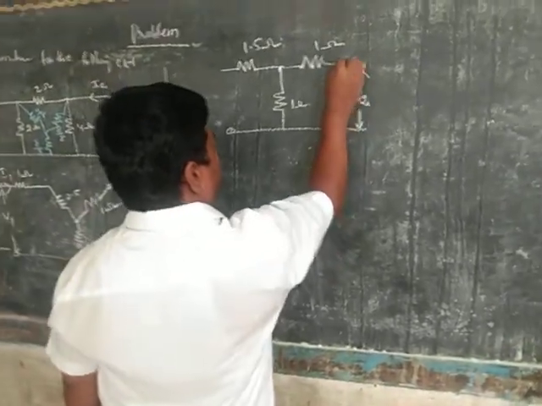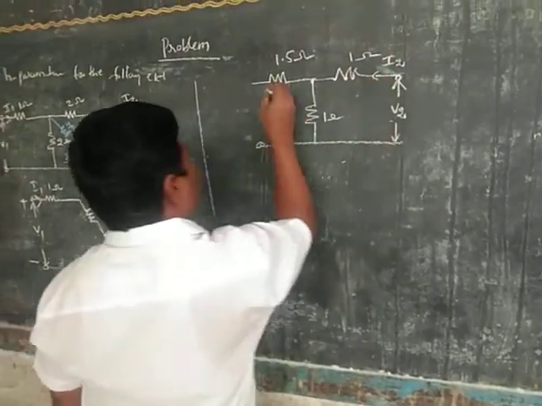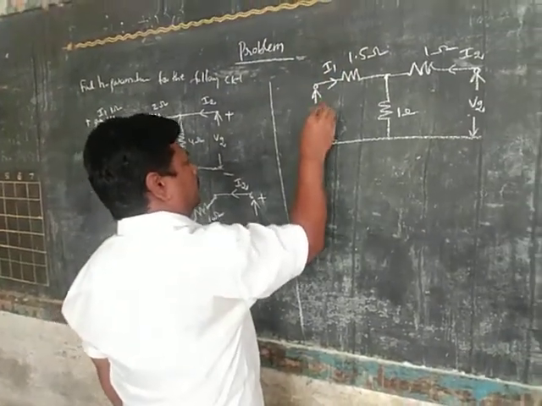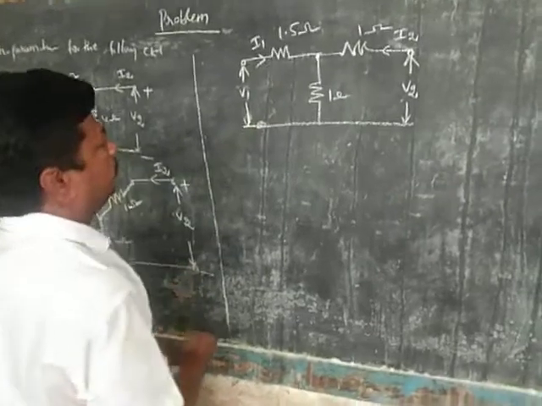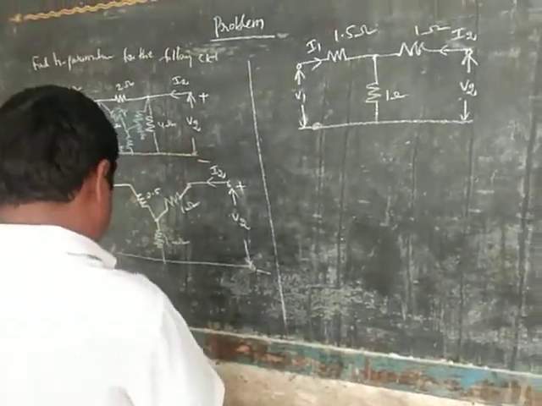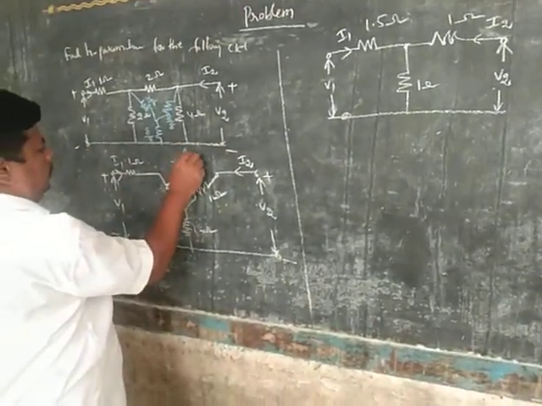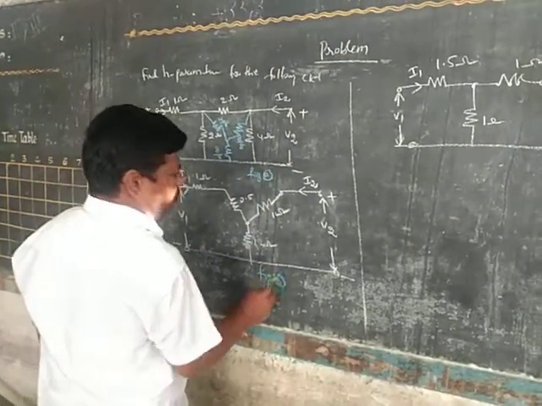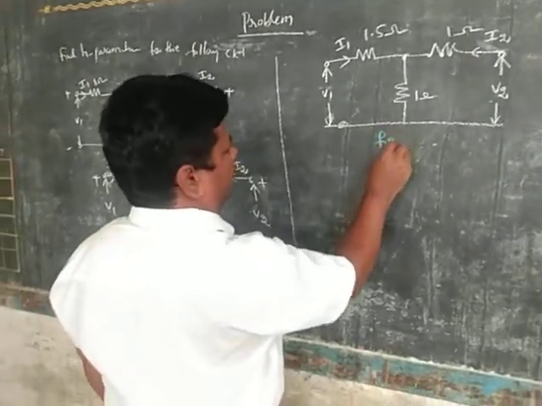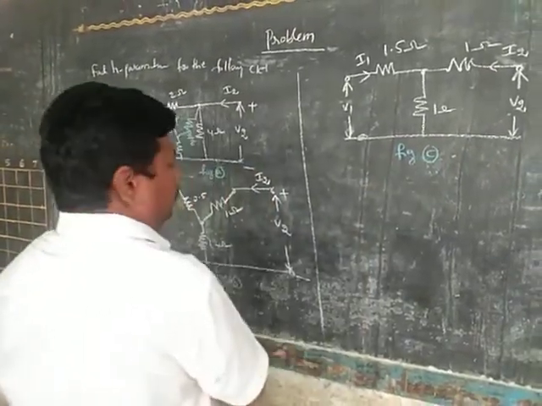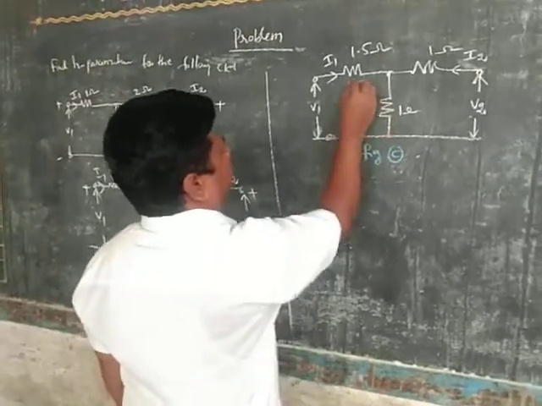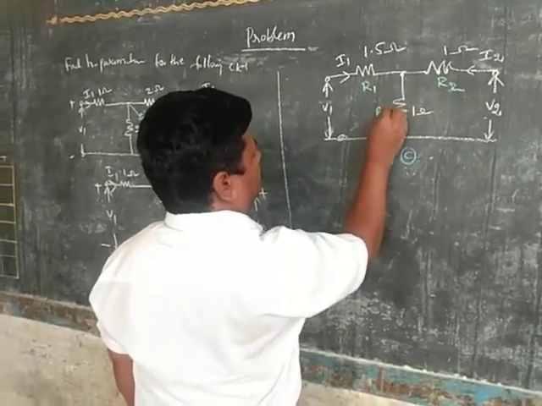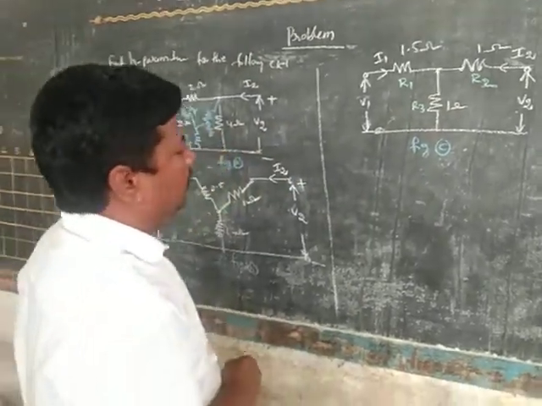It has V2, I2, and I1. Indicate some figures: figure A, figure B. Now indicate some notations, right? Now this is R1, R2, R3.